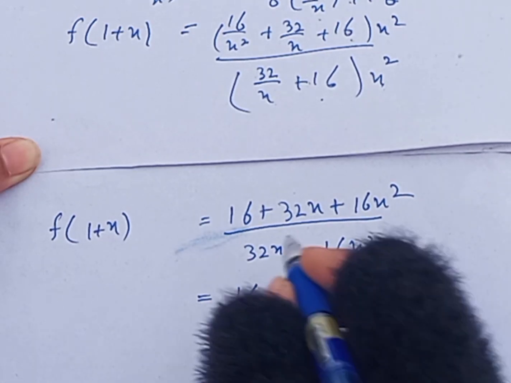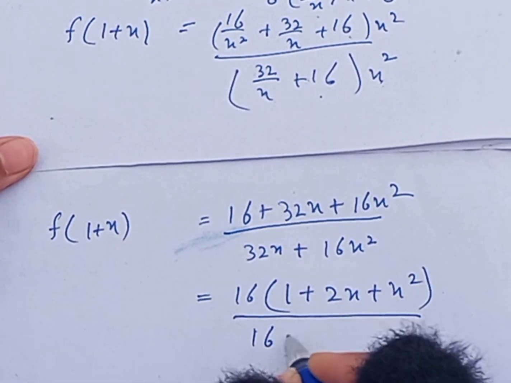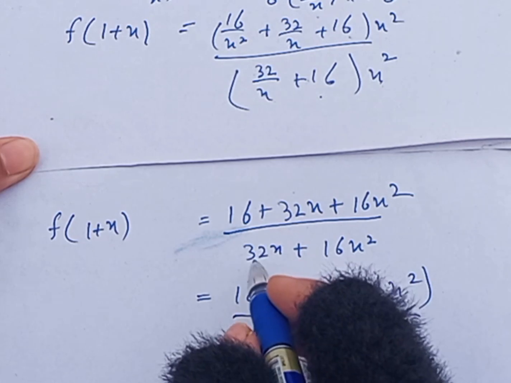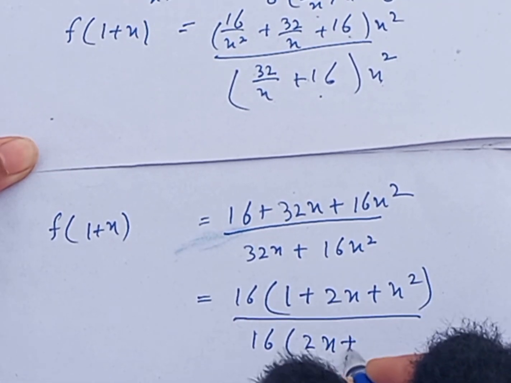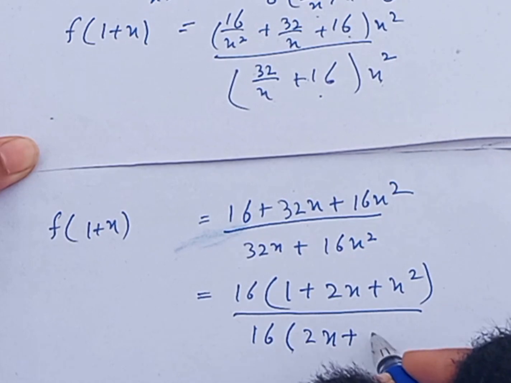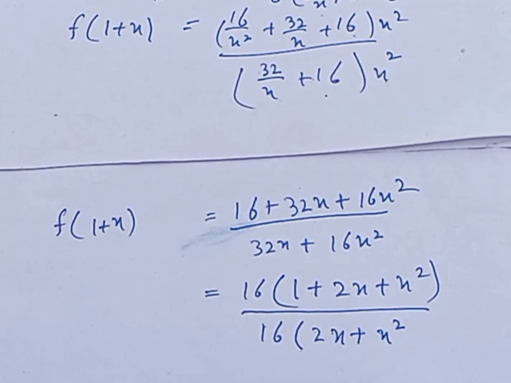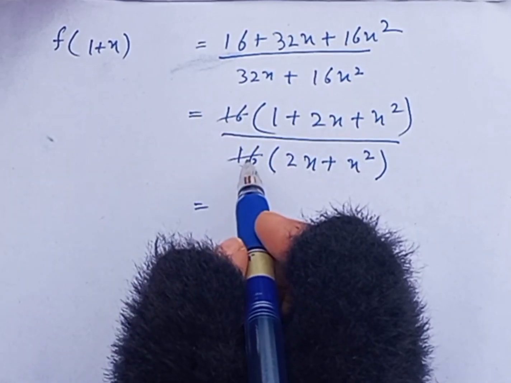And look at the denominator, 16. If we factor out, dividing 32x by 16, we get 2x, plus dividing 16x squared by 16, we get x squared. This 16 and 16 will cancel.